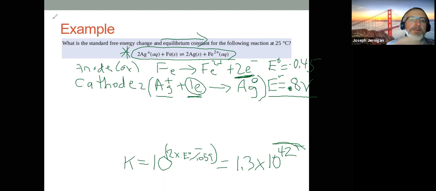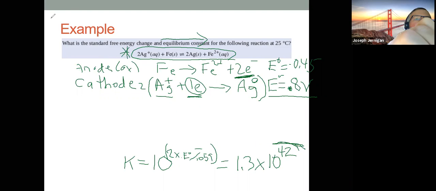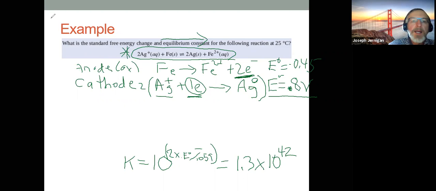I did it again and still came up with the same thing. But that's the correct equation for sure. Okay, Nathaniel, thank you. So we got the equilibrium constant, so we can check that off.